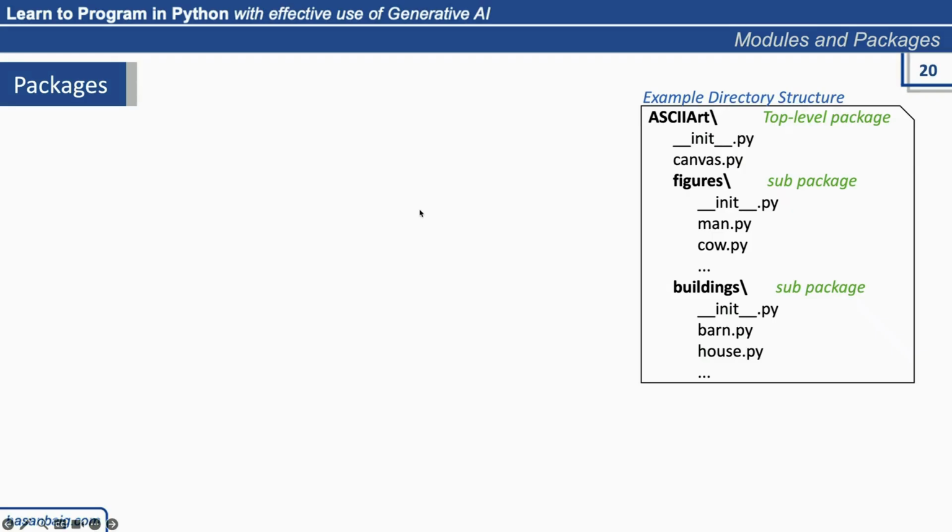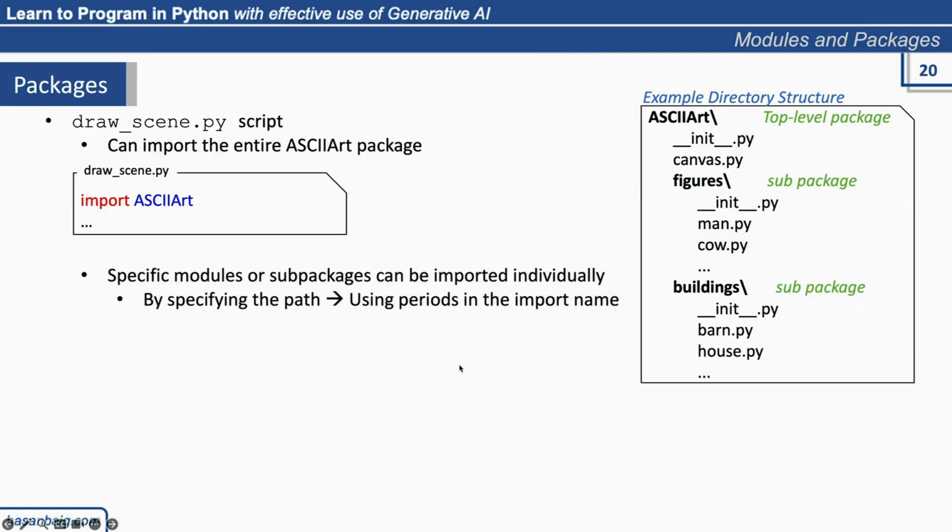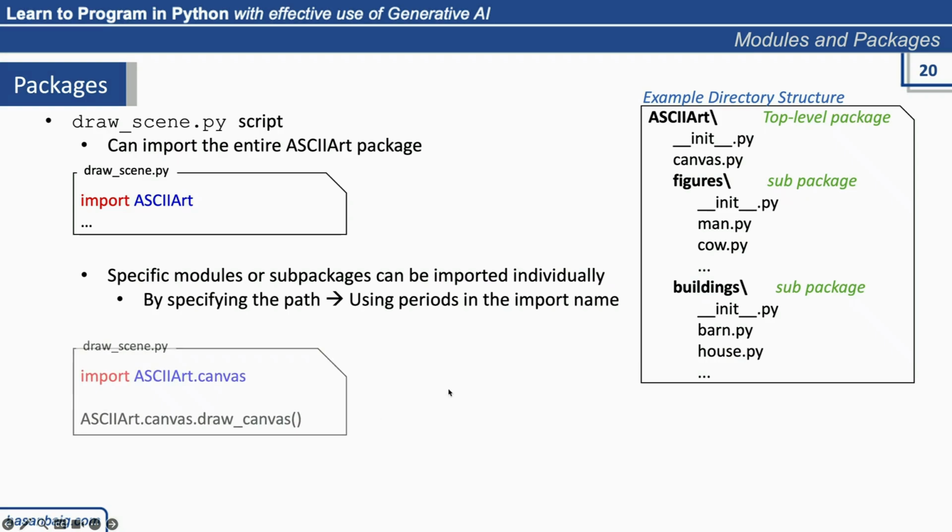Anyway, let's say this is our package structure, and we are working in the draw_scene.py file. We can import the entire ASCII art package using a simple import ASCII art. Even if you do not specify it, nowadays in modern IDEs it will automatically create this file. So import ASCII art means it will import everything. Now you can also import specific modules by specifying the path, using import skart.canvas.